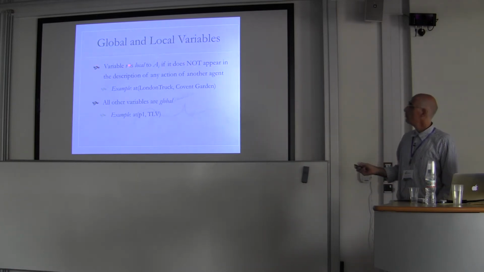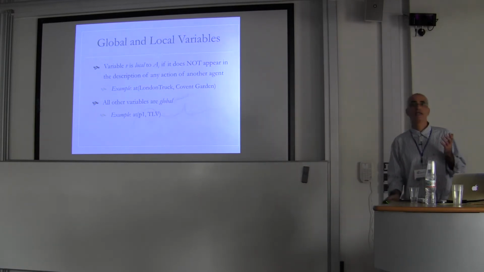So a variable V is local to agent I if it does not appear in the description of any action of any other agent. So the location of the London truck: the only actions that impact the location of the London truck are the move actions of the London truck, right?